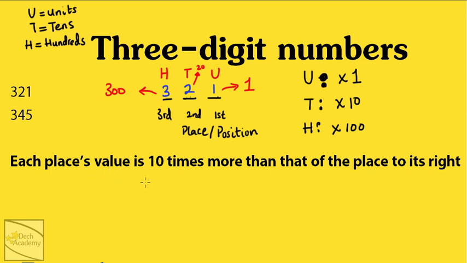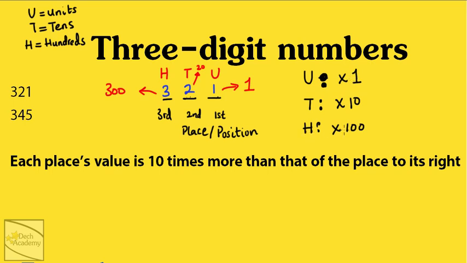Okay? Now this statement here, which says each place's value is 10 times more than that of the place to its right, can easily be understood if you just look at these multiplications and you see that in the units place, you multiply the digit by 1. In the tens place, you multiply the digit by 10. So you're multiplying it by 10 times more than what you're multiplying in the units place.